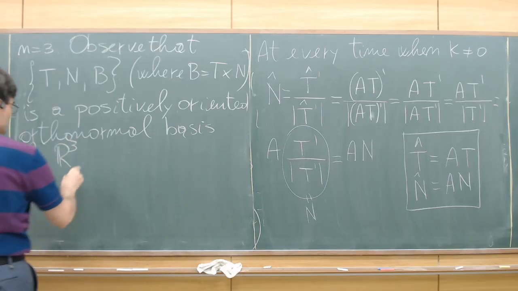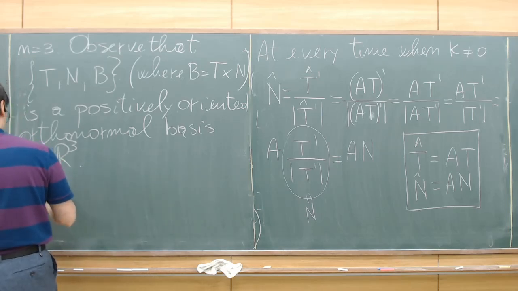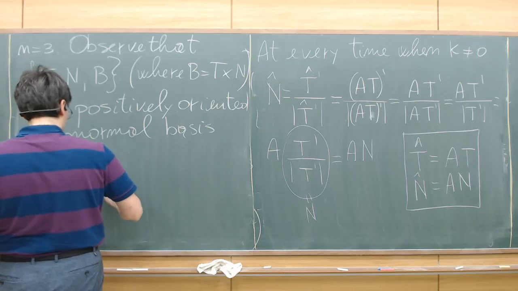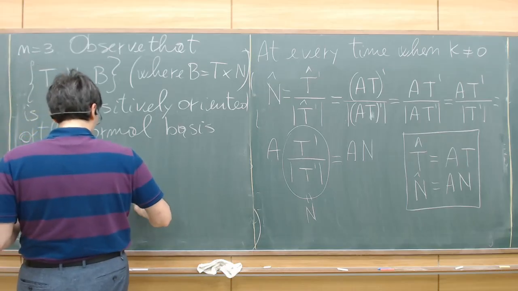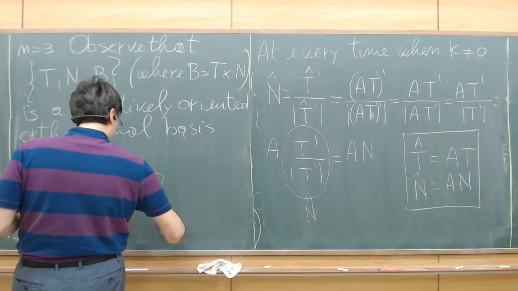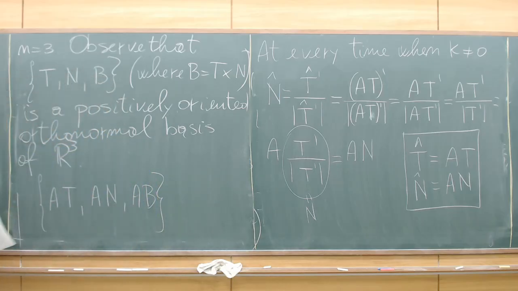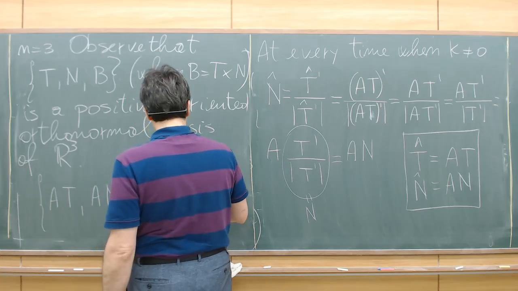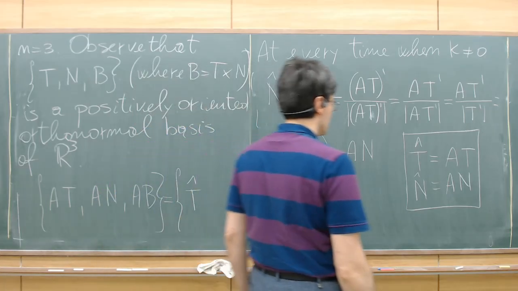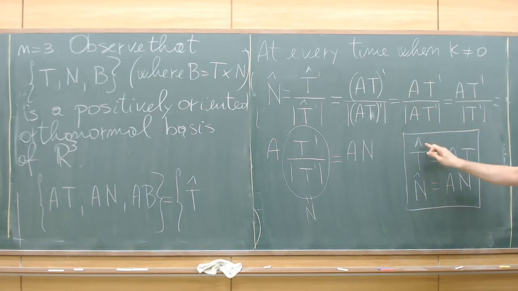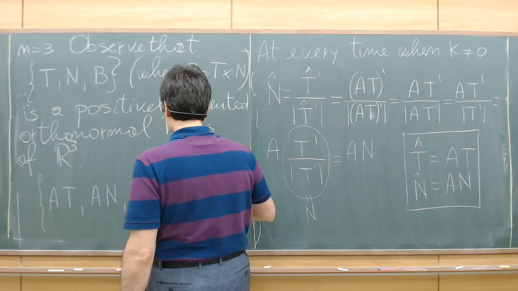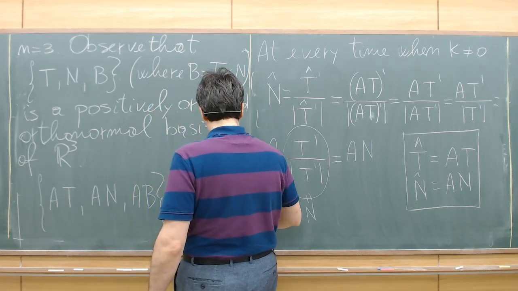What about this basis here: AT, AN, and AB? First of all, we observe that AT is equal to T hat, AN is equal to N hat, so I can write T hat, N hat, AB.